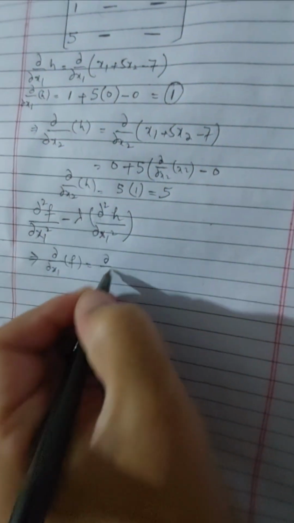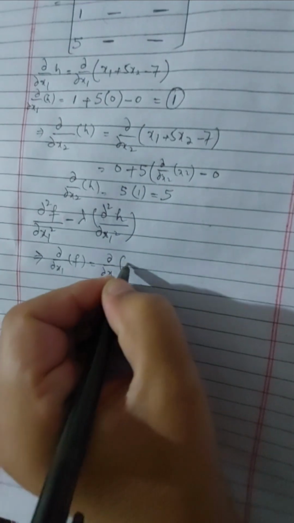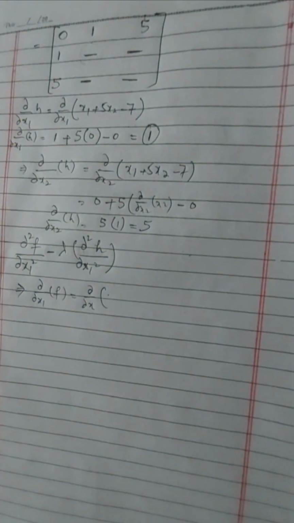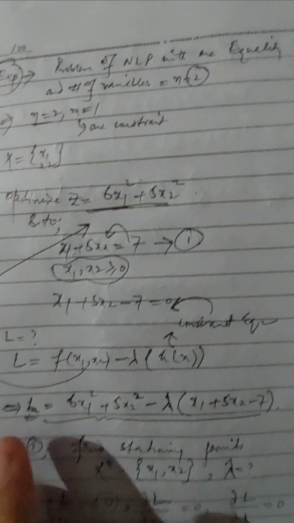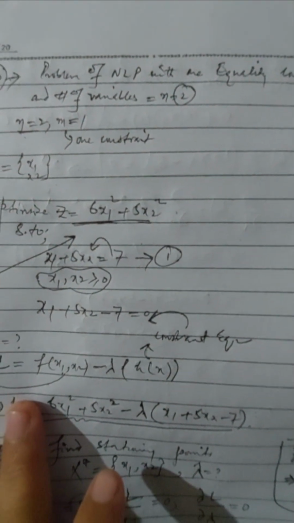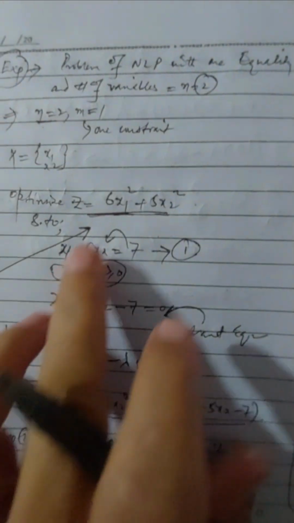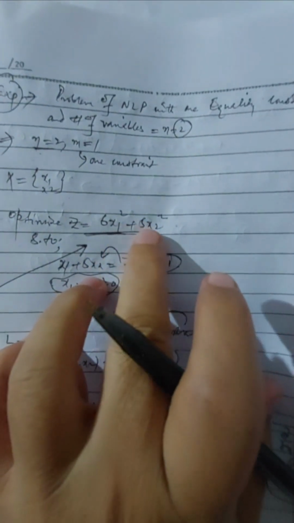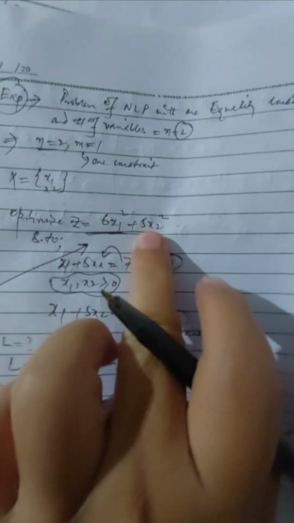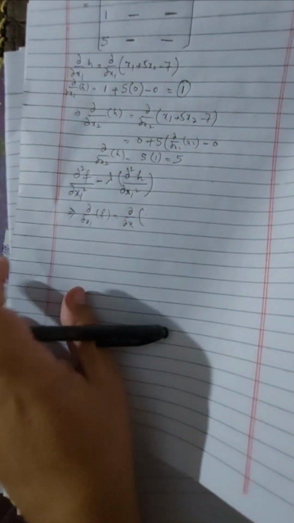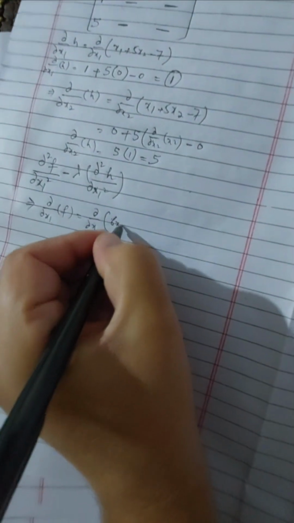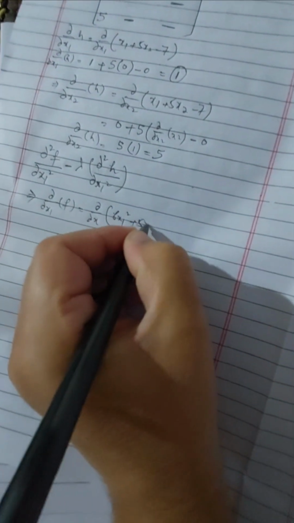From the question, the function is 6x1 square plus 5x2 square.